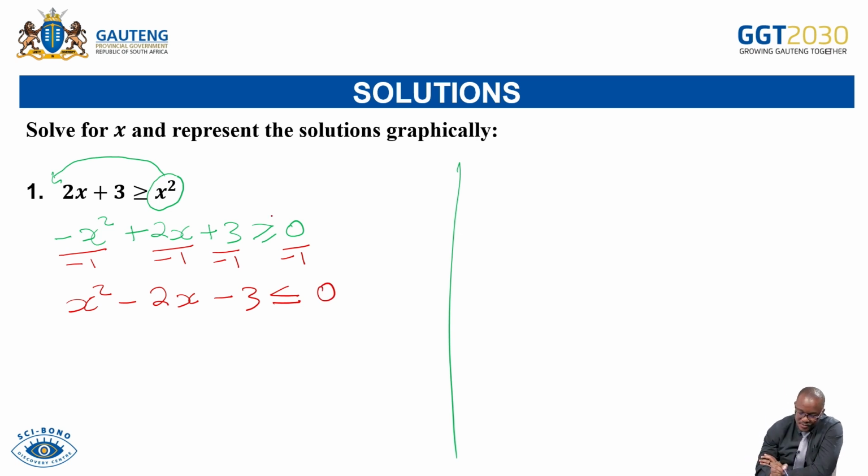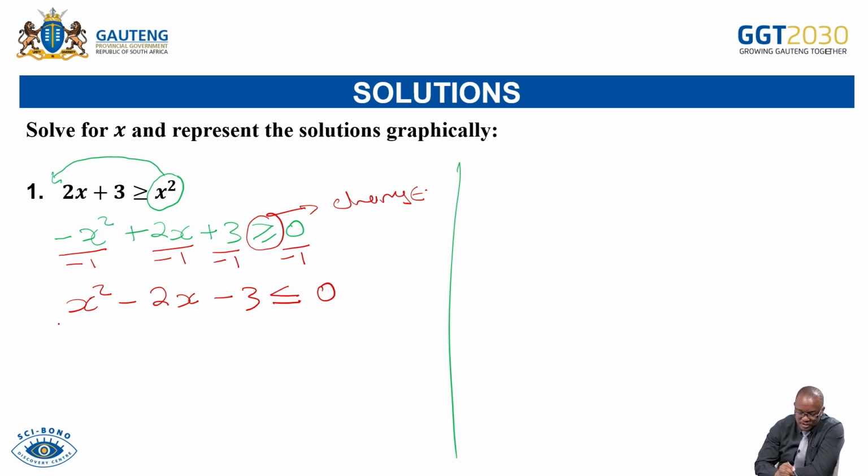Remember that when you're dividing by a negative number, what will happen here? You change the direction of an inequality sign. So the direction of an inequality sign, it was greater or equal to. For the fact that we divided by negative, then we changed it to be less than or equal to.